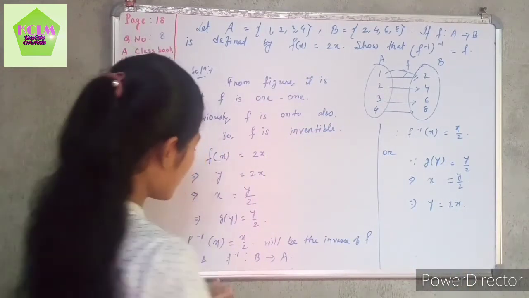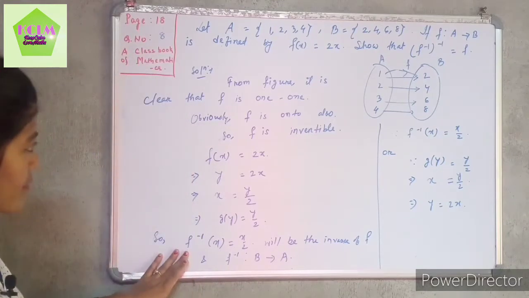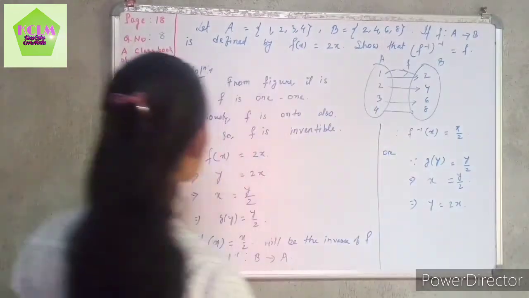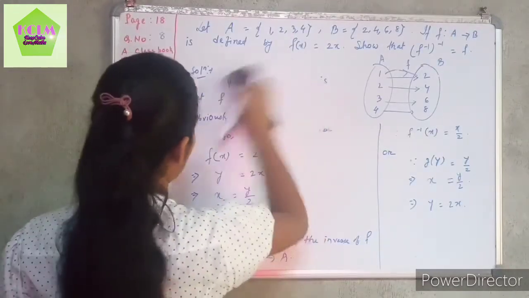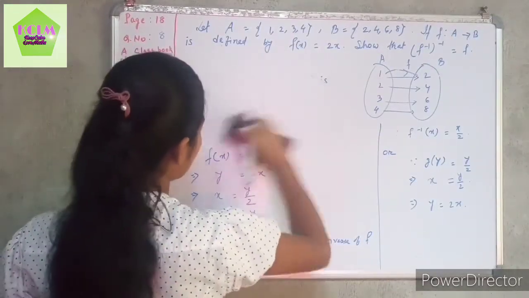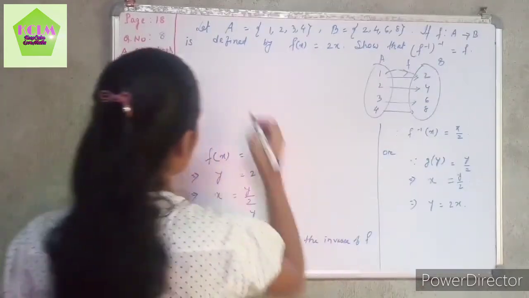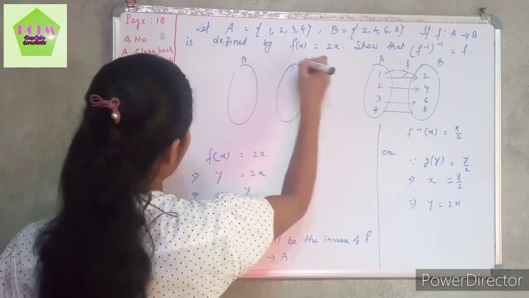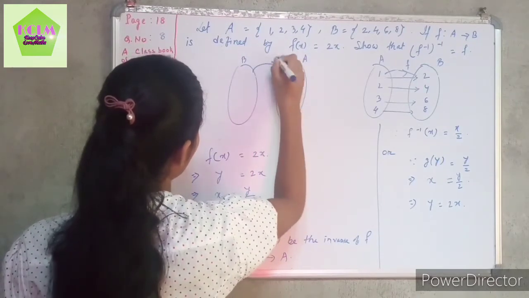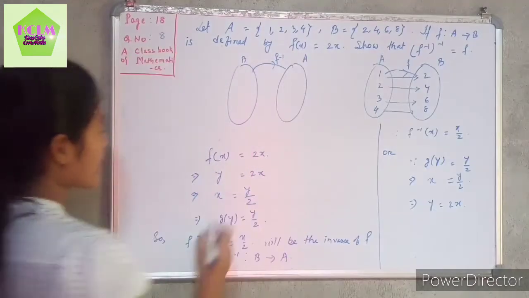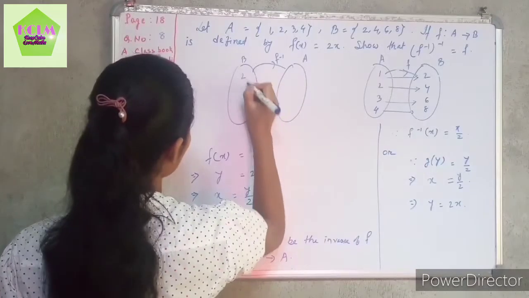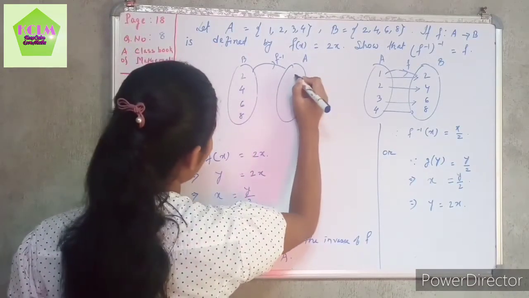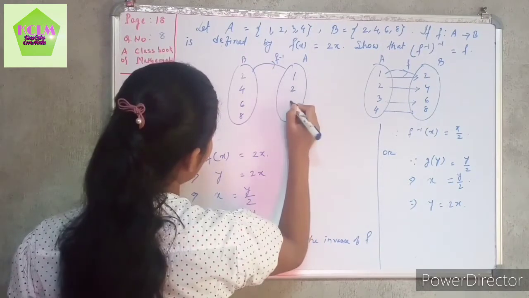Again, we see the f inverse in such a figure, so I will show you here. F inverse is a function from B to A. Elements in B are 2, 4, 6, 8, and A contains the elements 1, 2, 3, 4.